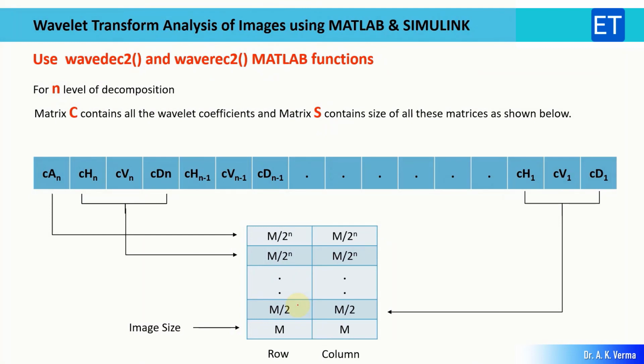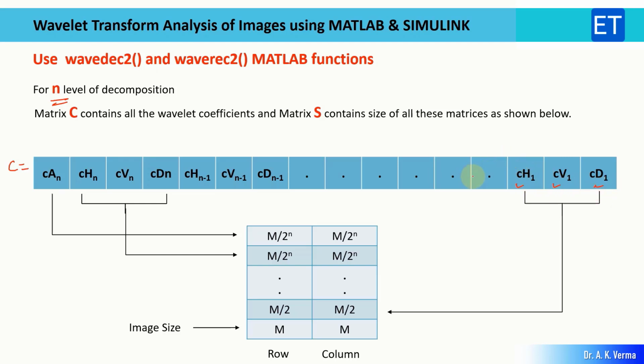So let's see what the C and S matrices are. For n levels of decomposition, the matrix C contains all the wavelet coefficients and matrix S contains the size of all those matrices as shown below. So here you can see that this is your C matrix. For n levels of decomposition, you can see that the horizontal, vertical and diagonal detail coefficient matrices CH1, CV1, CD1 are arranged like this at the first level.